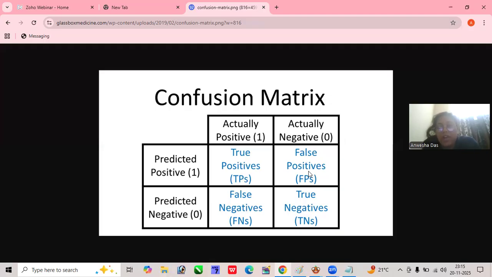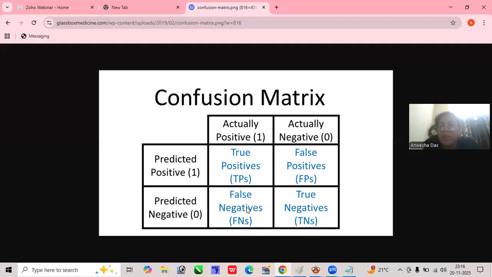Try to always remember with an example. Now there is the false negative. What is the false negative? It means actually this is true, but the prediction is false. You are really suffering from pneumonia, but the test report is negative. It is very dangerous, right? Consider cancer. You are suffering from cancer, but the bone marrow report is negative.